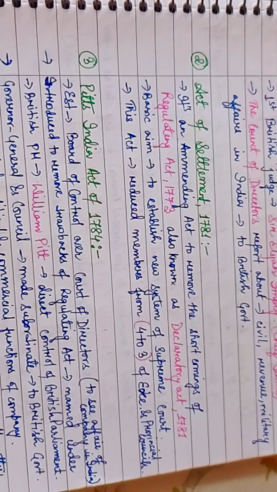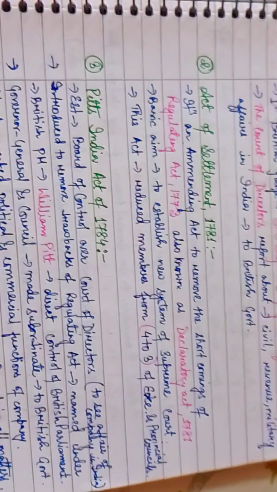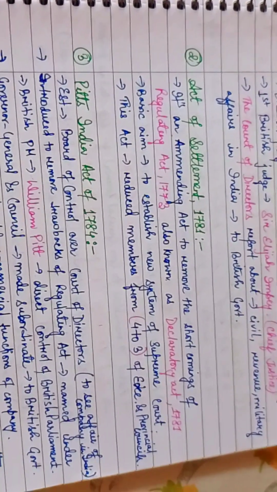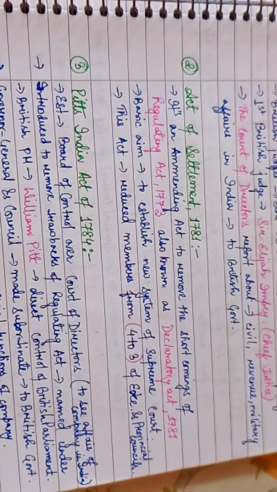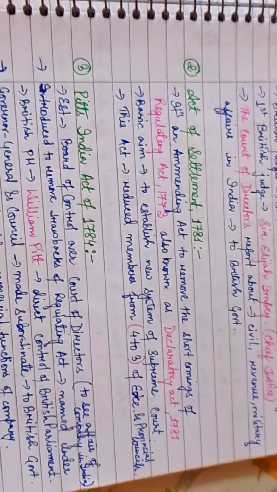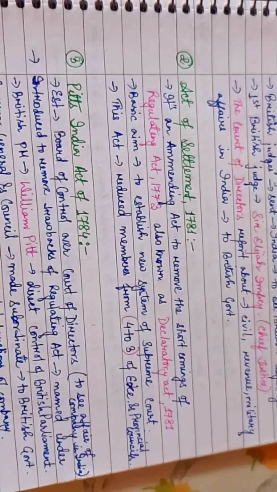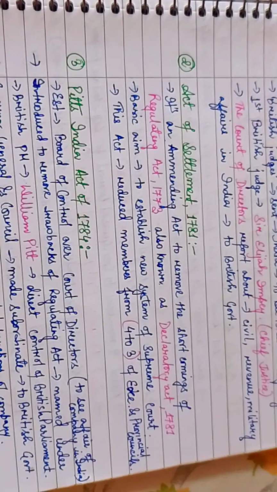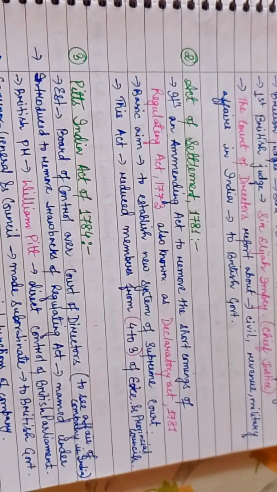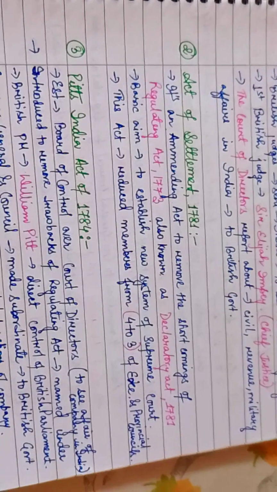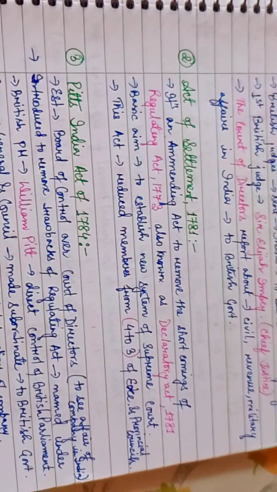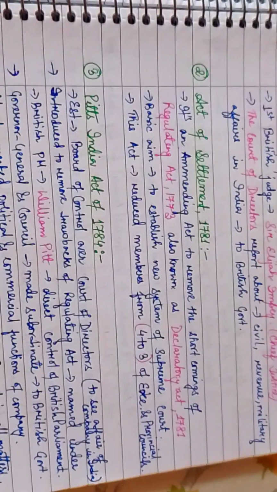When this regulating act was established in 1773, there were some mistakes, or you can say less acceptable things. In order to rectify that, this amendment act of settlement came into force in order to remove the shortcomings.